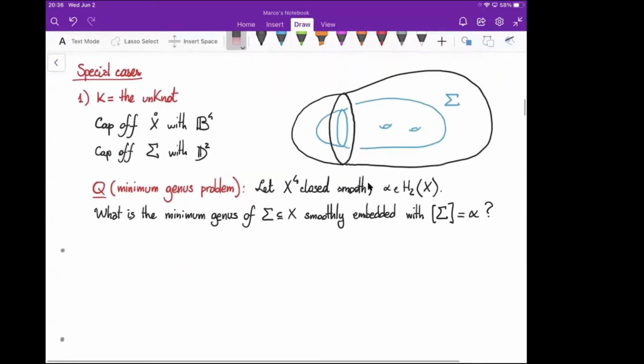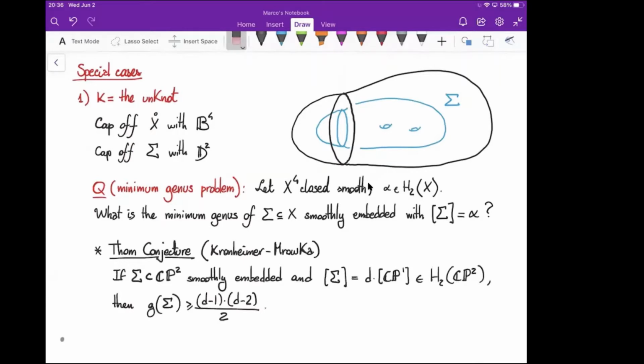And I want to say that gauge theory has proved particularly suited to tackle this question. For example, a landmark result is by Kronheimer and Mrowka, I think published in 1994, and that's the proof of the Thom conjecture, which establishes the minimum genus problem for CP2. It says that every surface smoothly embedded in CP2 has genus greater than or equal to the genus of an algebraic surface.